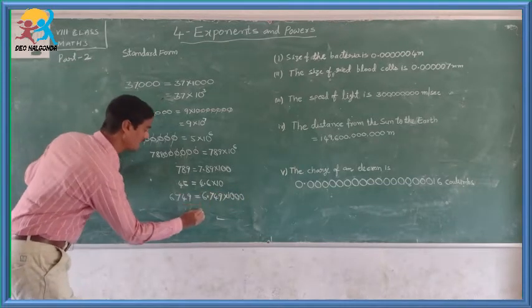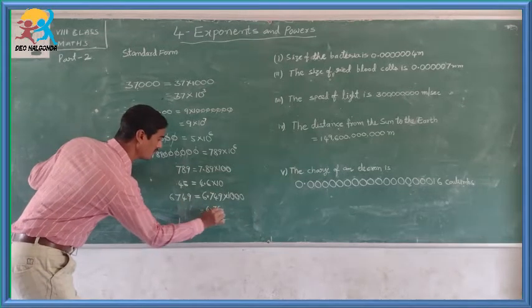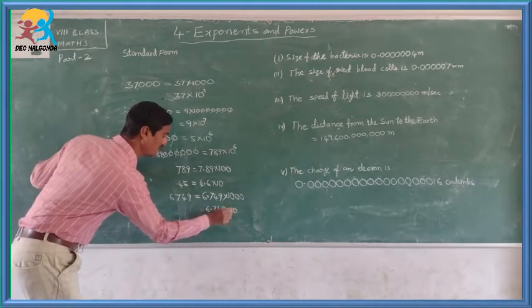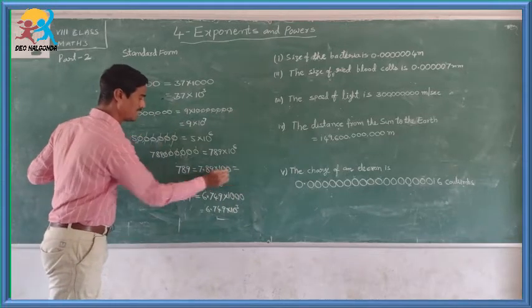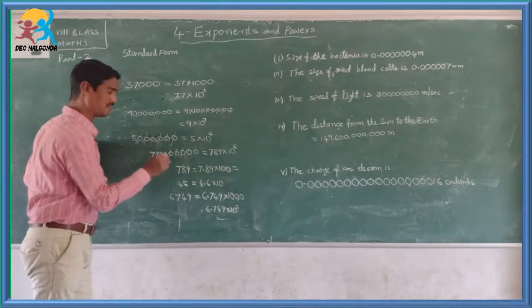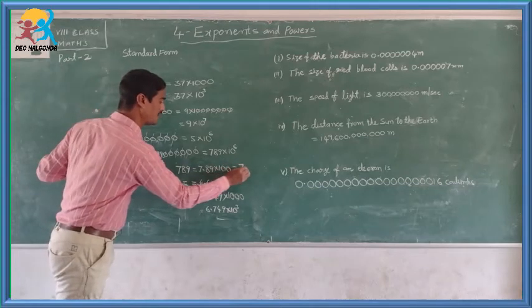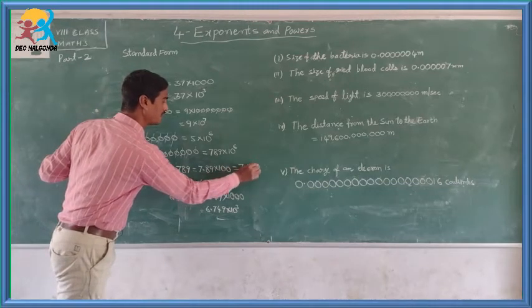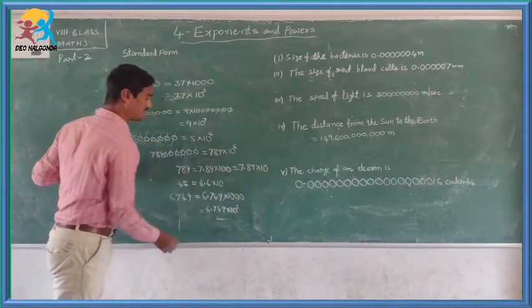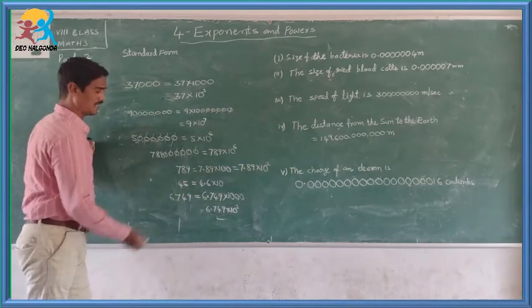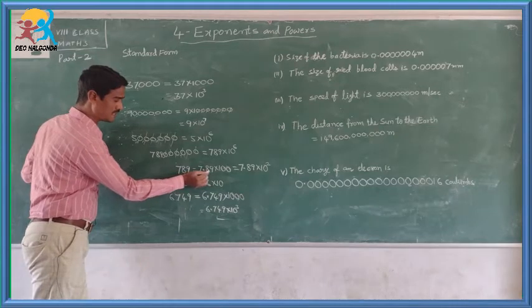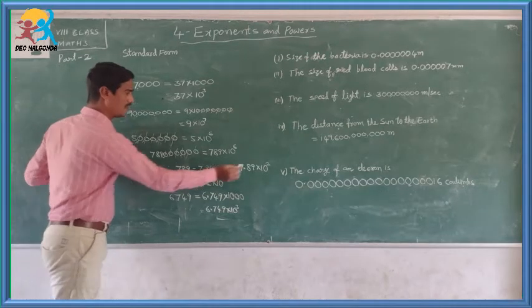So it can be written as 6.749 into 10 power 3. And 789 can be written as 7.89 into 10 power how much? 2 zeros, since there are 2 digits after the point, so power 2.